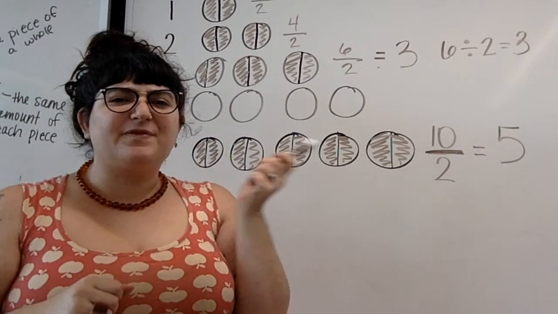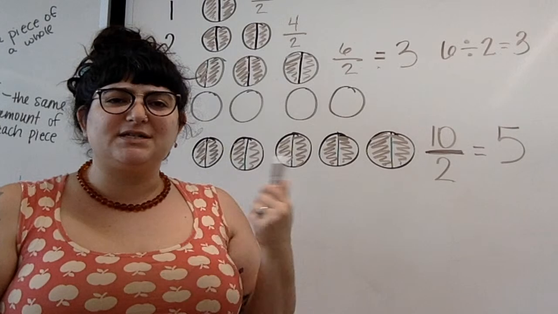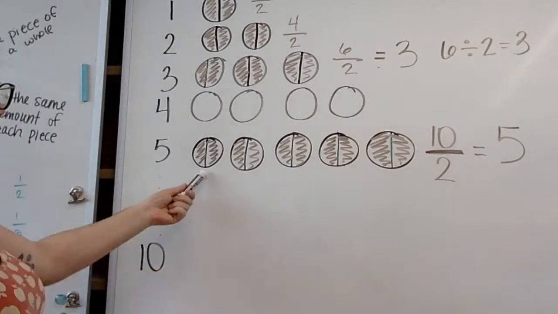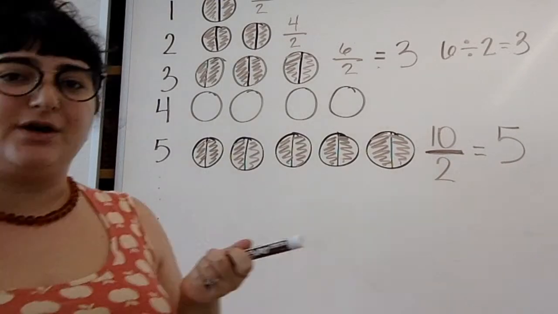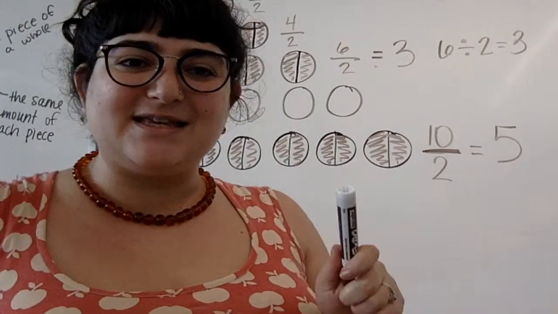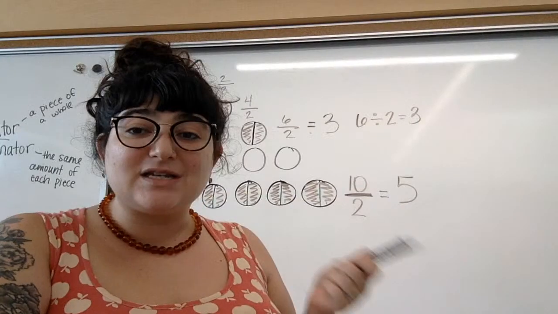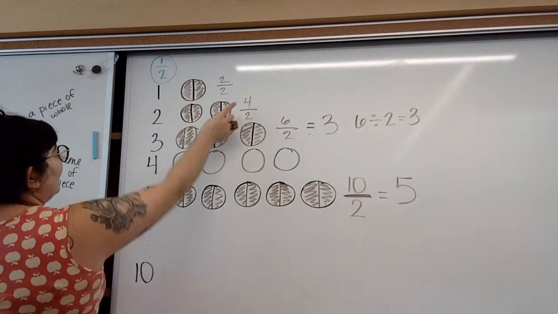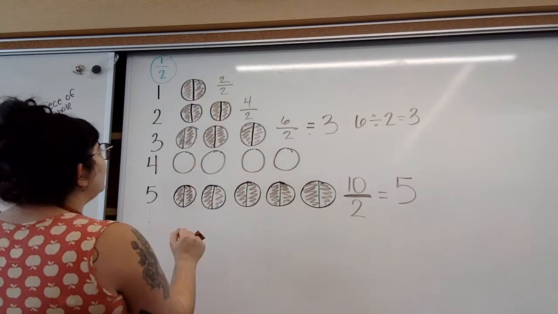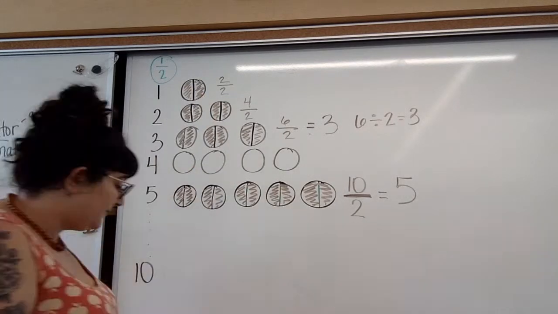I wonder if this will be true if we opt to represent these not with 1/2 but with 1/3. I want to see if this is actually going to continue to be true. If we decide instead of 1/2 to split these up, what if we split them up into thirds?